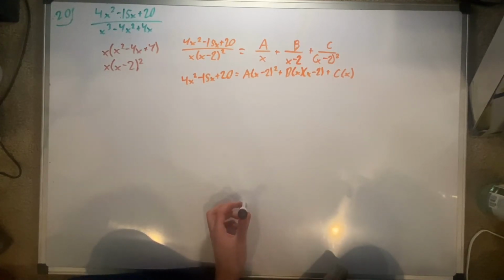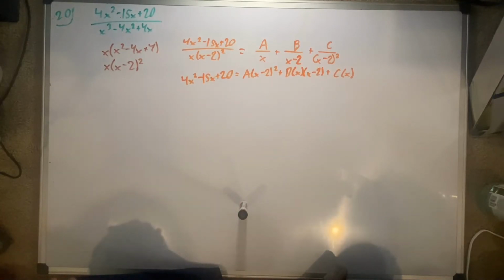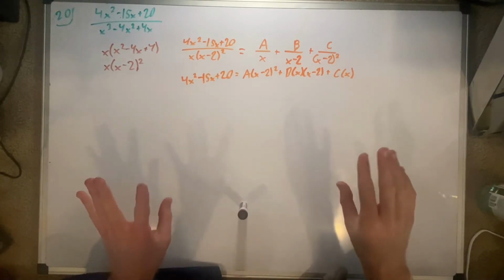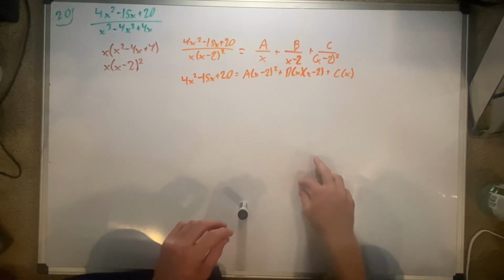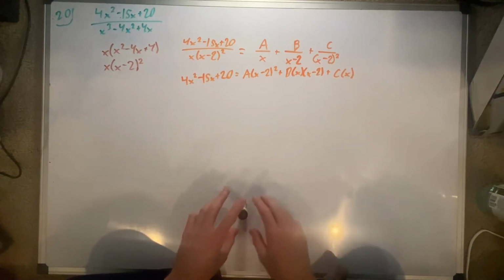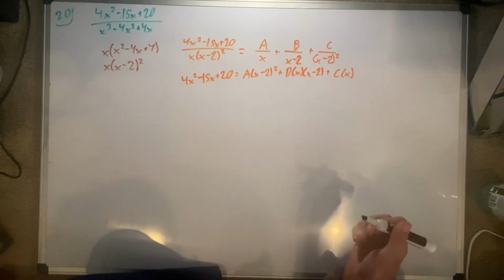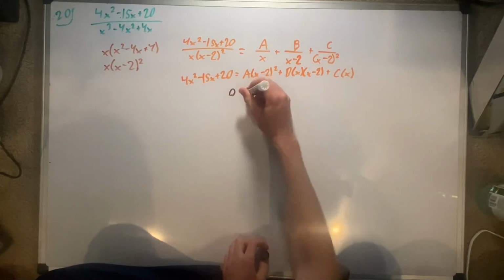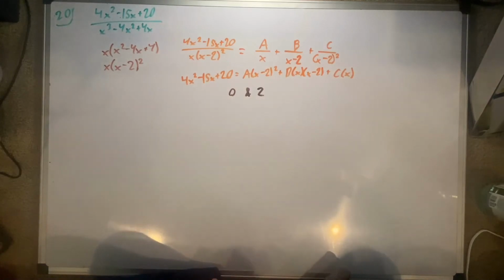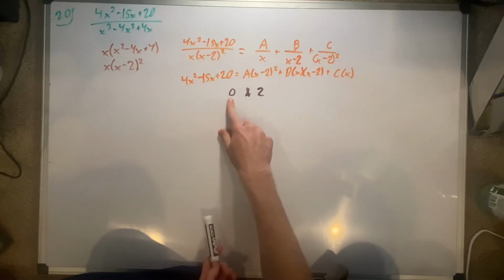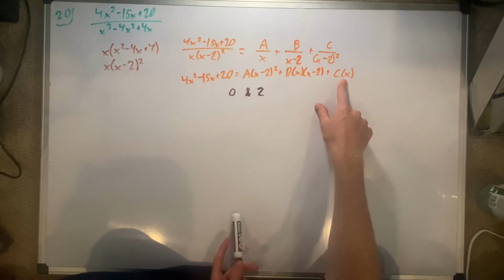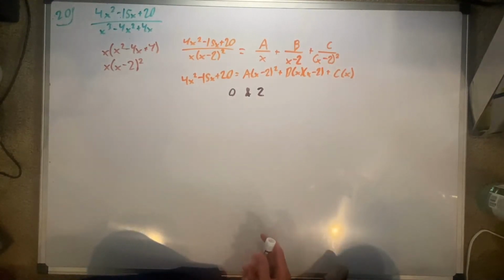If you can think of those two numbers now, because sometimes there's 2, sometimes there's 3, sometimes it just depends. If you can think of all of those numbers now, I encourage you to pause the video and try to do it. So our numbers are going to be the number 0 and the number 2. Those are the numbers we're going to plug in for x. That's because if we plug in 0, it would eliminate the b and the c, because then it would be multiplying by 0.